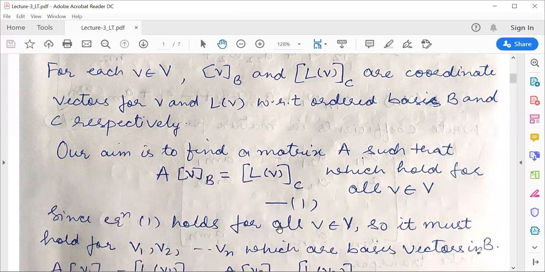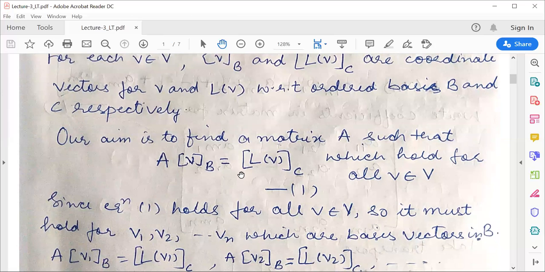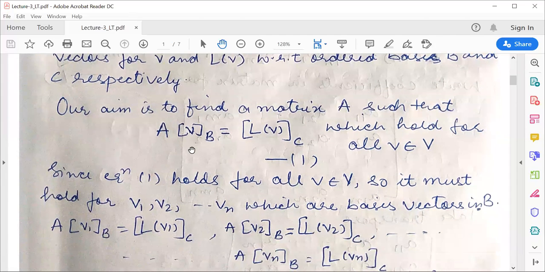Now our aim is to find a matrix A such that A multiplied with the coordinate vector of v is equal to the coordinate vector of L(v) with respect to C. Since this equation holds for all elements of vector space V, it must hold for v1, v2, ..., vn, which are basis vectors in V, because these are nothing but elements of V. So if equation number 1 holds for all elements of V, then it must hold for v1, v2, ..., vn.